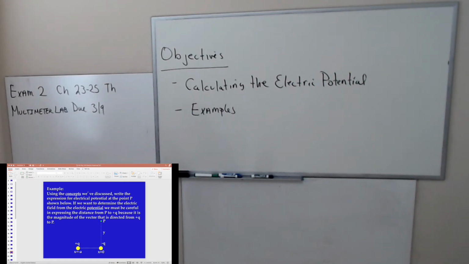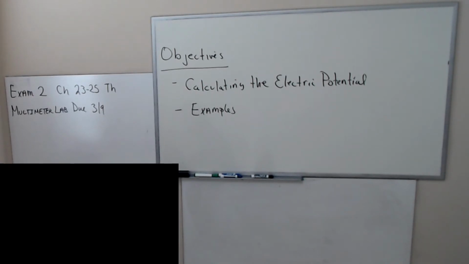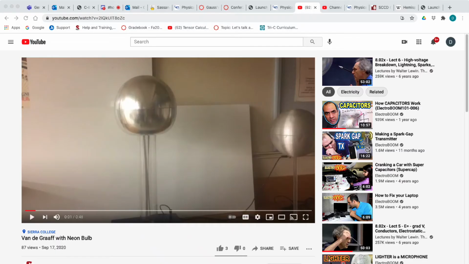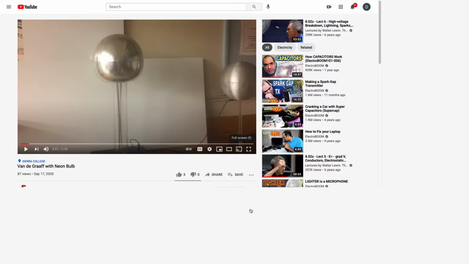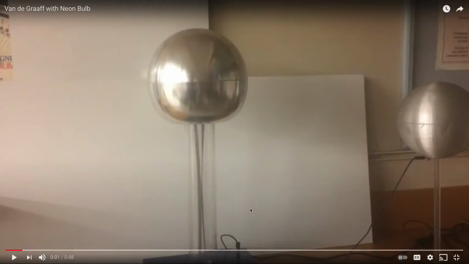Give me a second. Okay, so this is a video of a Van de Graaff generator, and Tyler's going to bring a neon bulb. He's going to put the neon bulb tangent to one of the equipotential lines, and then parallel to one of the field lines, so you get to see what happens.